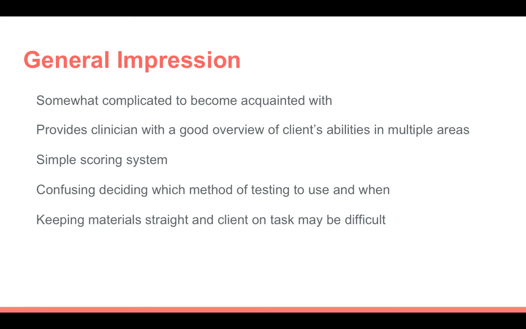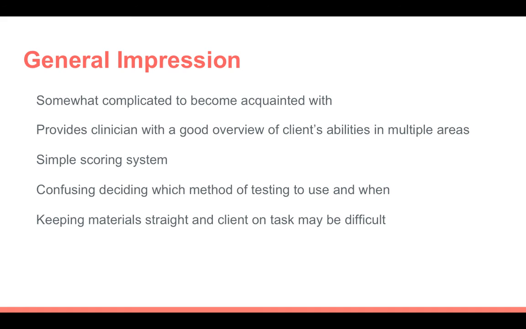But the 3 different testing methods confused us. It was unclear to us whether you use them all together or choose one method of testing. We eventually came to the conclusion that it depends on the child, and sometimes more than one method of testing may be necessary. And one thing that our research about this test taught us is that some clinicians have trouble keeping material straight during testing while also scoring and keeping the client on task.